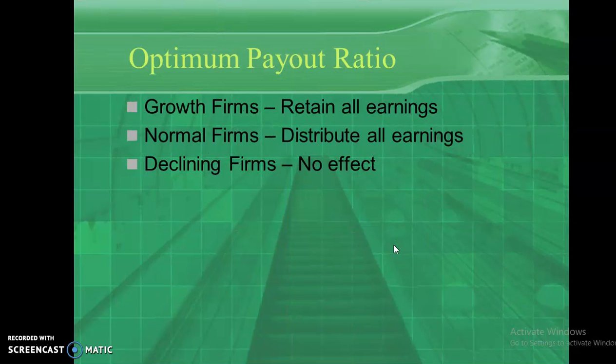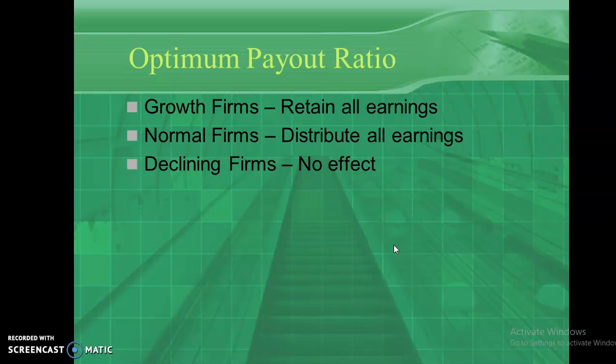So what are the findings from this model? All growth firms should retain their earnings for maximizing the market price of the share. All normal firms must distribute their earnings as dividends to the shareholders for maximizing the share price.